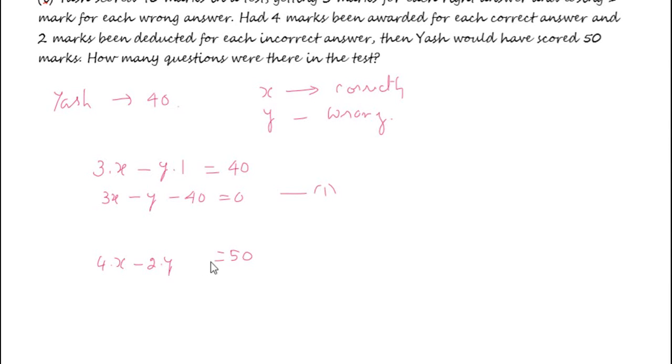So that is 50. Let us rewrite this equation as 4x minus 2y minus 50 equal to 0.